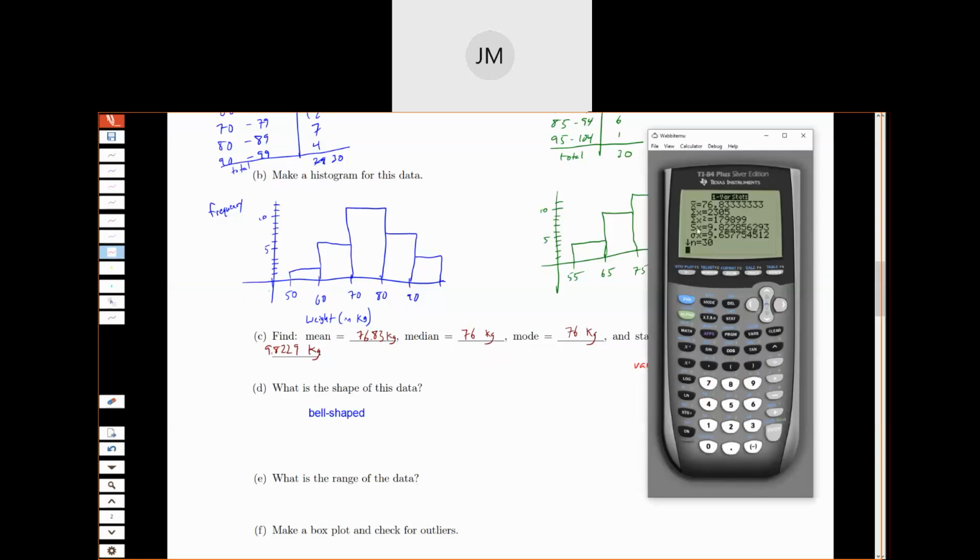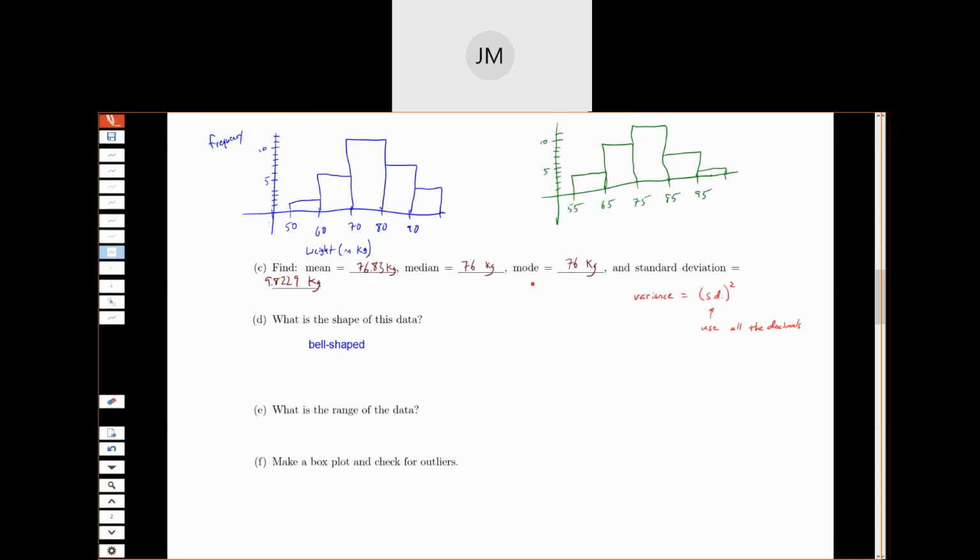All right, so we're going to almost always use the S1 on the calculator for standard deviation. Now, what is the range of the data? Well, if I look on here, it conveniently tells me the max and the min. Range is the difference of the two. Range is going to be max minus the min.